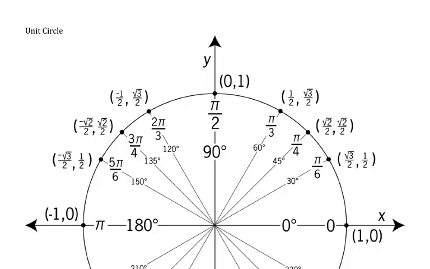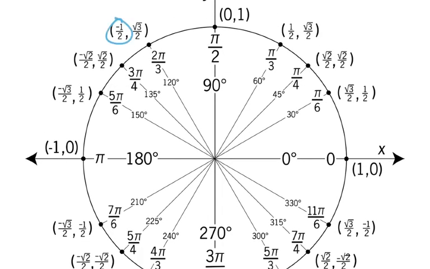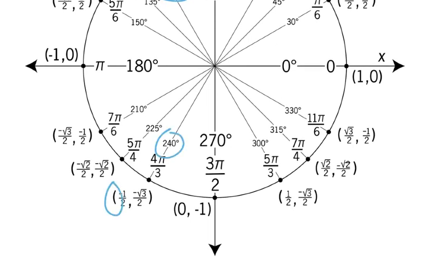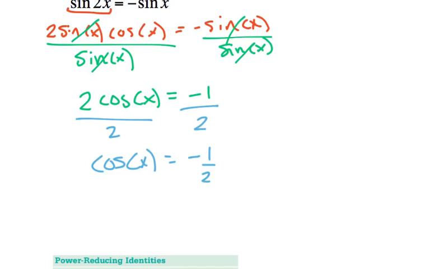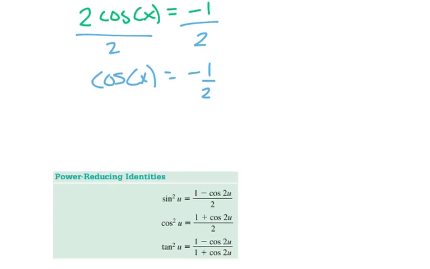So if we look at our unit circle, when is the x value -1/2? That's here at 120 degrees and here at 240 degrees. So again, 0 to 2 pi means 0 to 360 degrees. And so in that case, we're going to say that x is going to equal 120 degrees or 240 degrees.